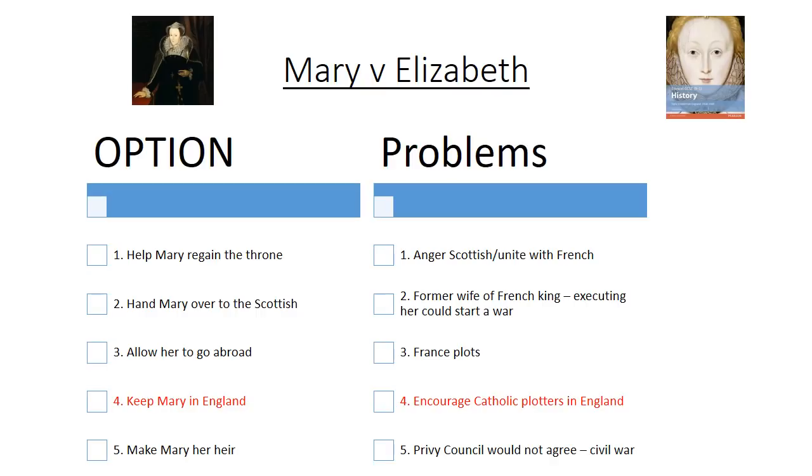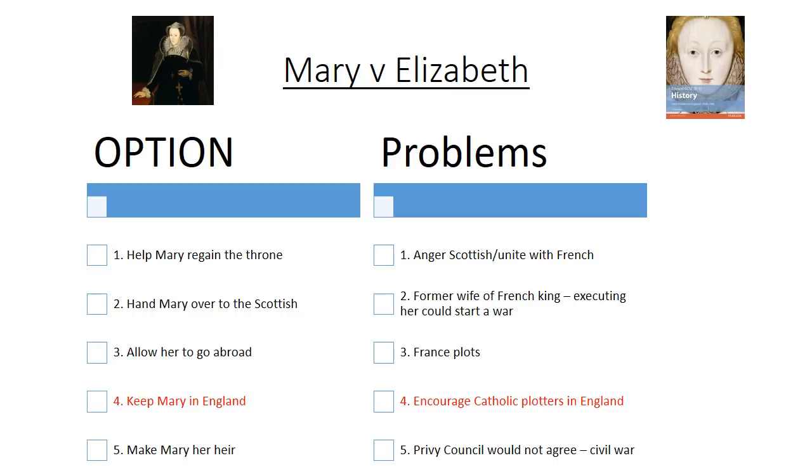She could give Mary over to the Scottish lords, but they would in all likelihood execute her. That would be executing the former wife of the French king, which could start a war with the French. She could let her leave England and go abroad, but her most likely destination would be France, who would be encouraged to start an invasion against England.